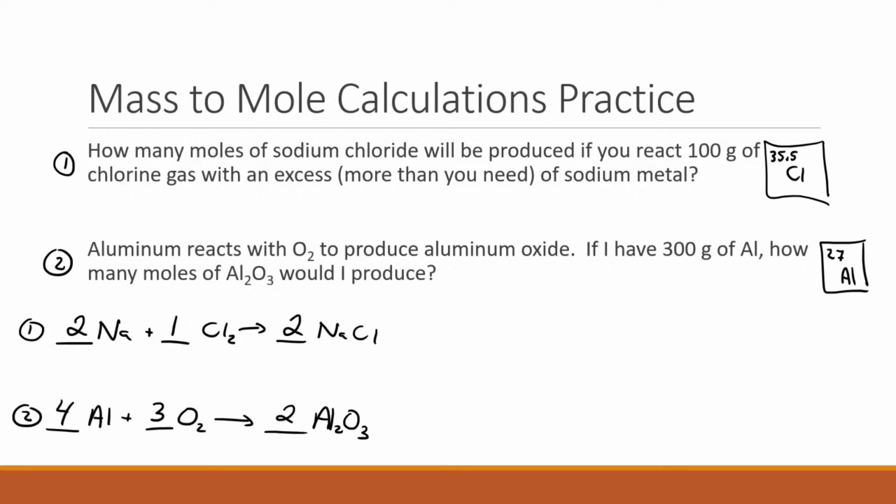For these two problems, let's switch ink colors so we can see our answers. We've got a little bit of work cut out for us. The first problem gives us 100 grams of chlorine gas, which means we've got 100 grams of Cl2. Cl2 is chlorine and chlorine, 35.5 and 35.5 for a total of 71 grams per mole.